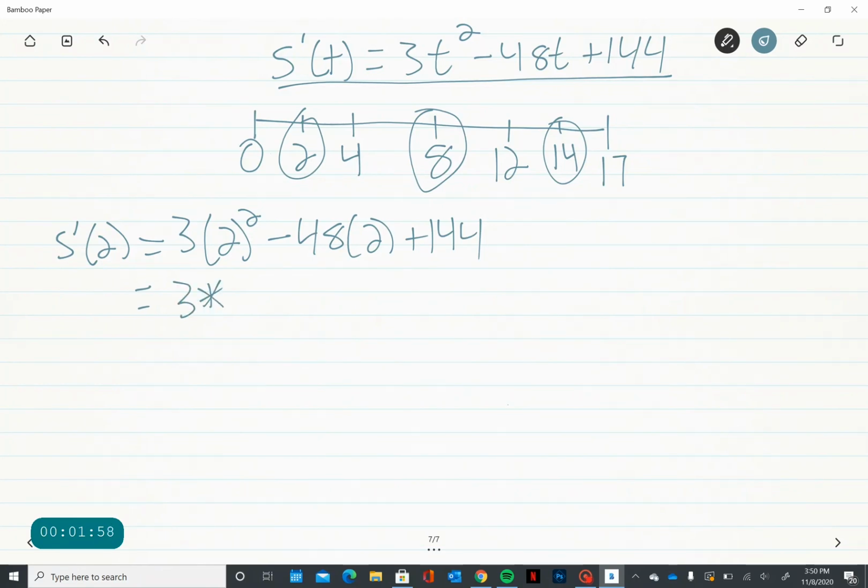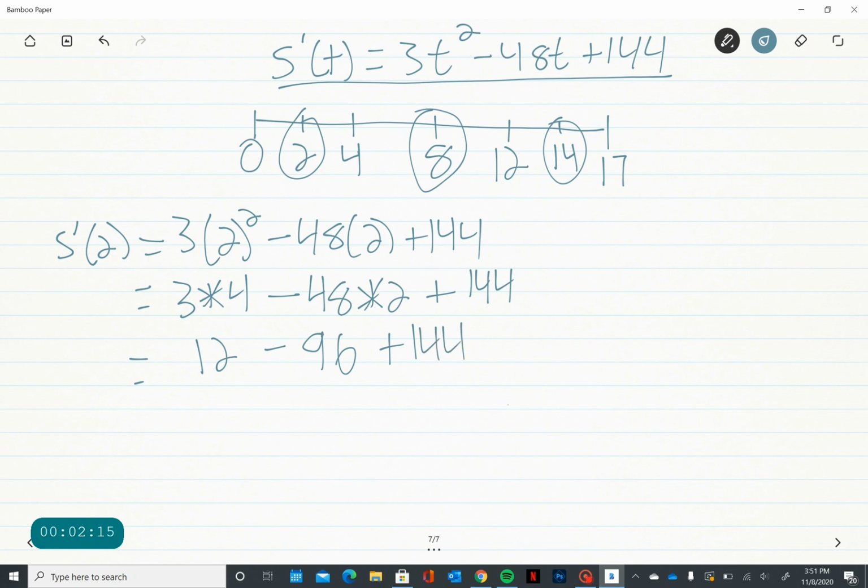This becomes 3 times 4 minus 48 times 2 plus 144. Simplify even further. 12 minus 96 plus 144. And then we get the answer to be 60. Now we know that that is positive, so right here it is moving in the positive direction.